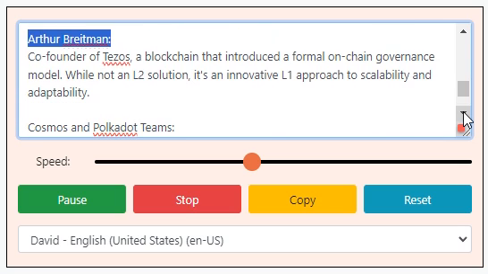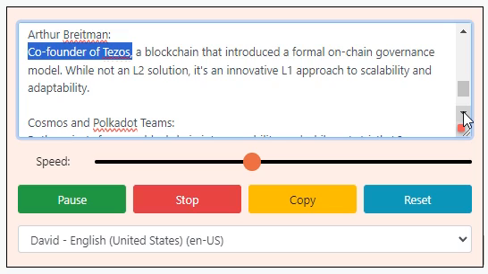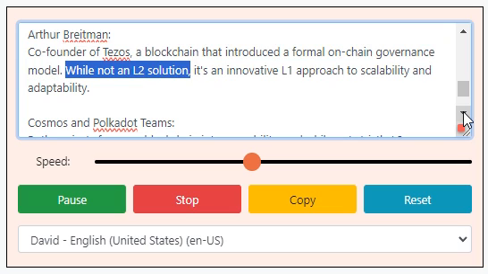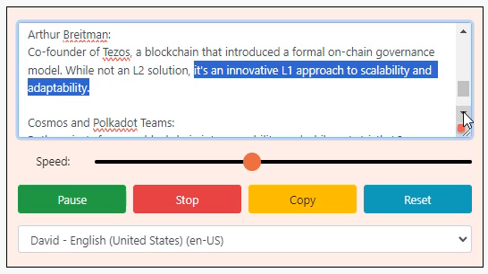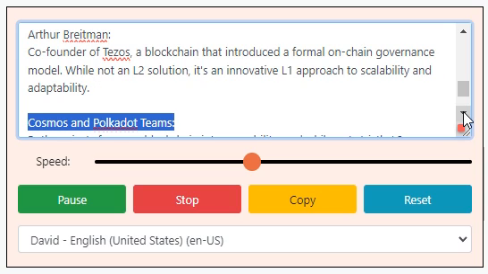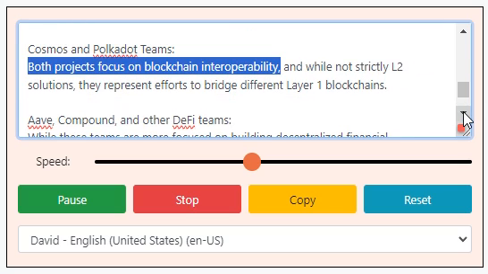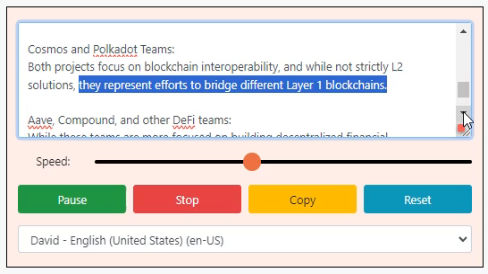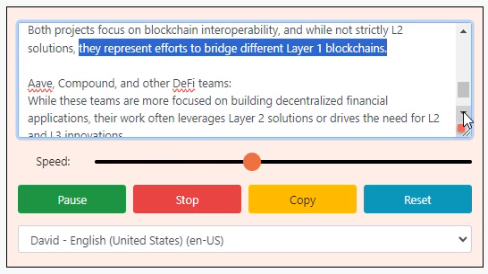Arthur Breitman, co-founder of Tezos, a blockchain that introduced a formal on-chain governance model. While not an L2 solution, it's an innovative L1 approach to scalability and adaptability. Cosmos and Polkadot teams, both projects focus on blockchain interoperability, and while not strictly L2 solutions, they represent efforts to bridge different Layer 1 blockchains.